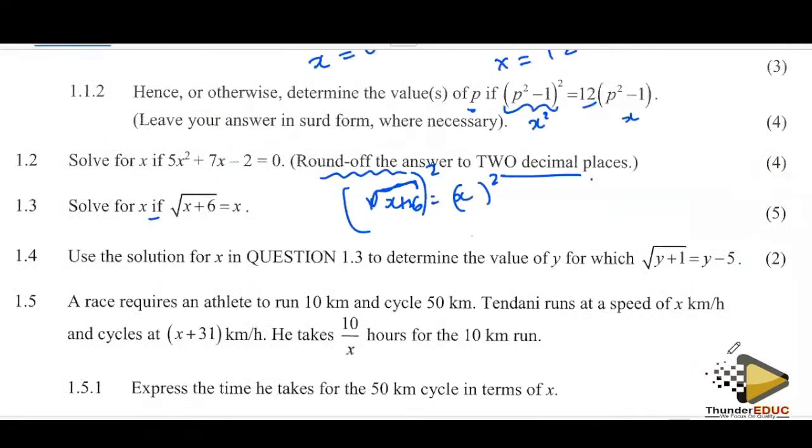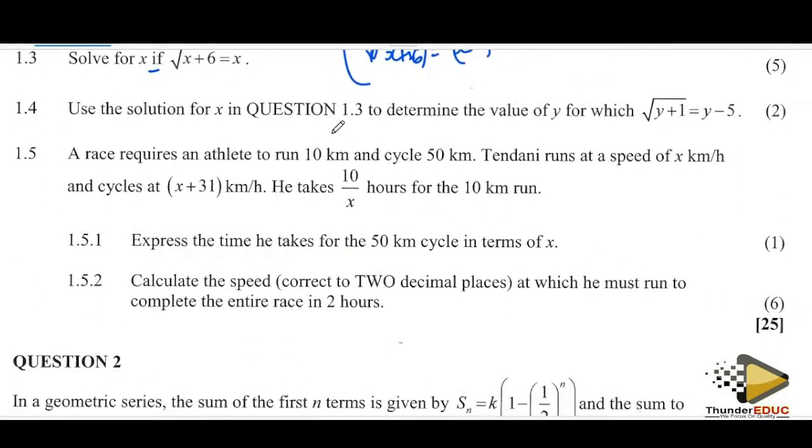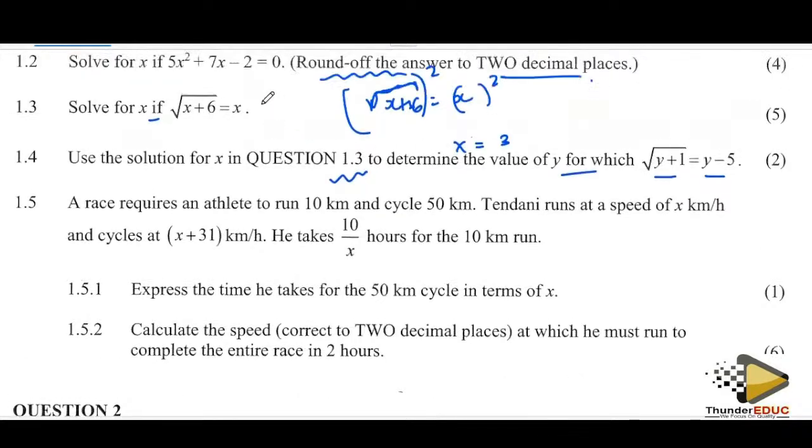Then 1.4. In 1.4, they want us to use the solution that we got in 1.3. So we're going to use x is equal to 3 to determine the values of y for which this is equal to that. From what I can see, there's a square root sign, there's also a square root sign.